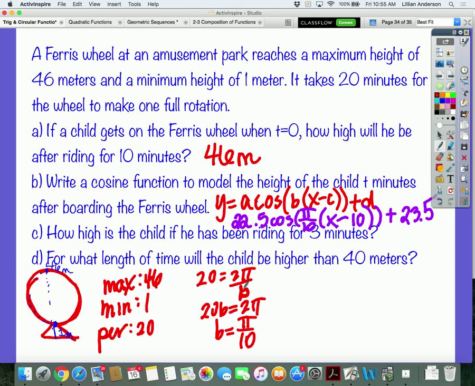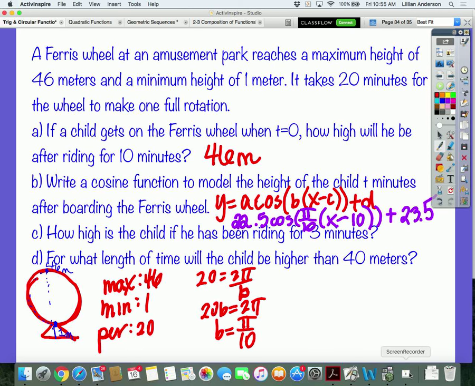So how high is the child if he has been riding for 3 minutes? How do you determine that? Plug in 3 for x. So go ahead and do that. You need your calculator for this, and you want to make sure you're in radian mode.